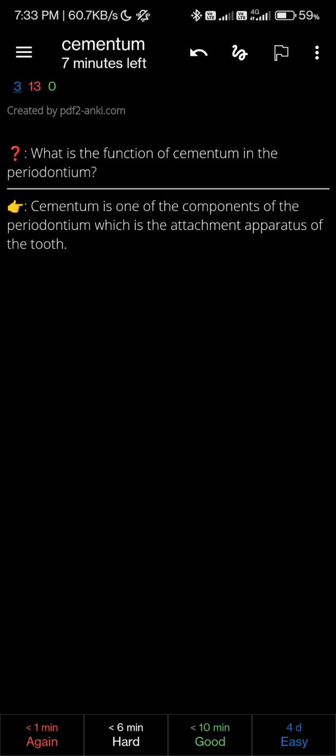Cementum is one of the components of the periodontium, which is the attachment apparatus of the tooth.